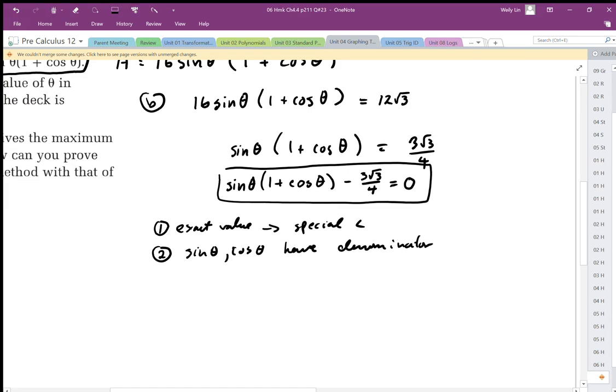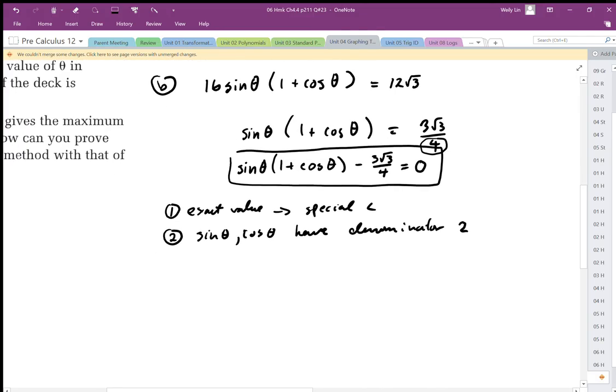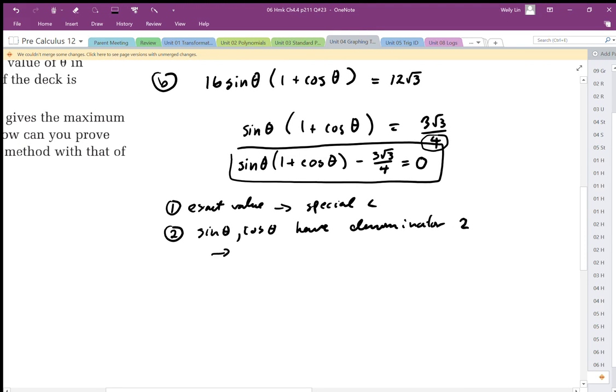Because it's a special angle and a related triangle, they're going to share the same denominator, and the denominator must be 2 to get this denominator of 4. So if it has a denominator of 2, then it's got to be a pi over 6 or pi over 3 angle.